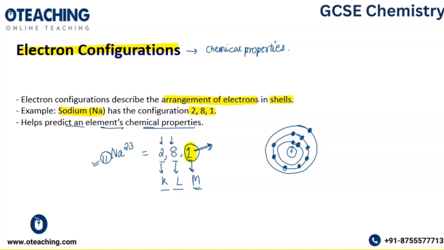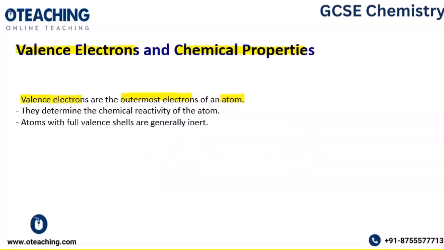So this is the valence electron. And how many valence electrons are there? Only one. Valence electrons are the outermost electrons of an atom. They determine the chemical reactivity of the atom.